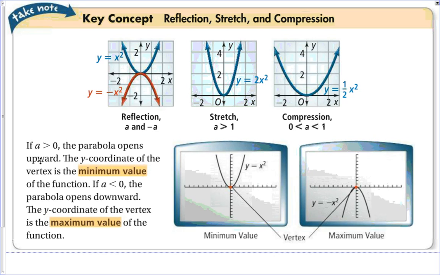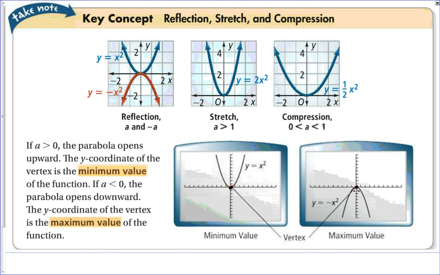The y-coordinate of the vertex is the minimum value of the function. So if you look right here, this parabola opens upward. It's y equals x squared. And our vertex right here is the lowest this function is ever going to get. So your y value here is the minimum of the function. And the same thing if a is negative. This is the highest this function is ever going to get.